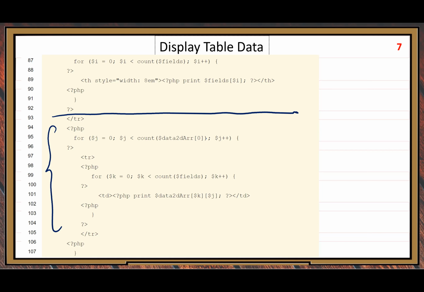The outer for loop goes over the array. The zero index, because we take the first row from that 2D array. The first row is another array, so this count function gives the number of elements in that array.